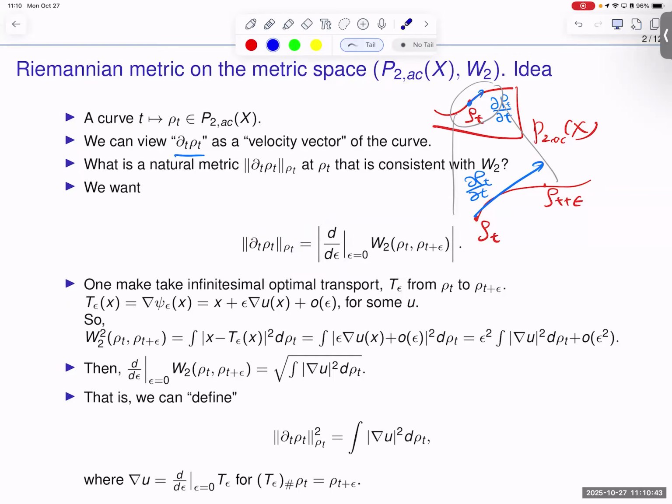So this condition should be what we want if we want a natural notion of the norm of this velocity vector, which is consistent with the Wasserstein distance, right? Am I making sense here?